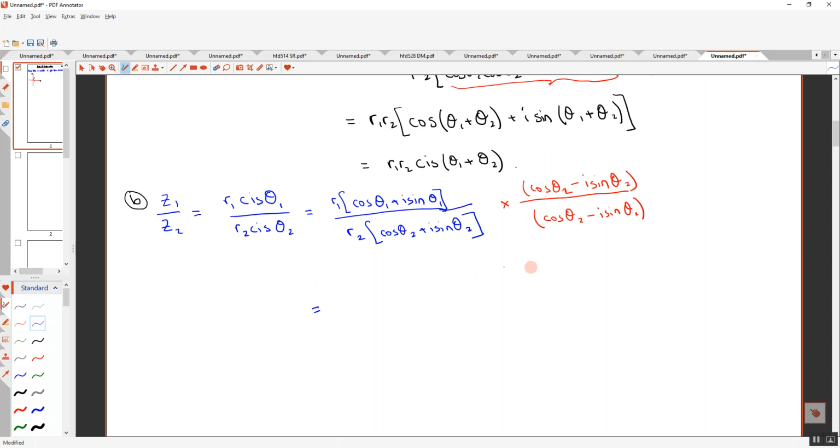I'm not going to do it now, I'll let you do that in your own time. You'll end up with, just like what you said, R1 over R2, cis theta 1 subtract theta 2. But you can work through that in your own time, okay? Let me know if you have any issues.